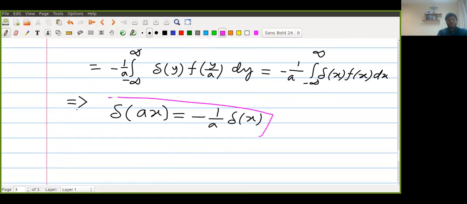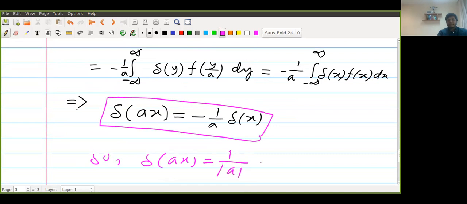So if I combine these two results, I can say delta of ax equals 1 over the absolute value of a, delta of x. So this is another important property of the Dirac delta function.